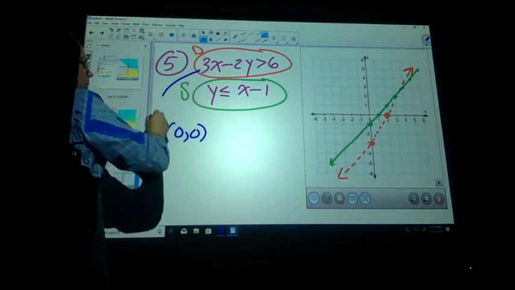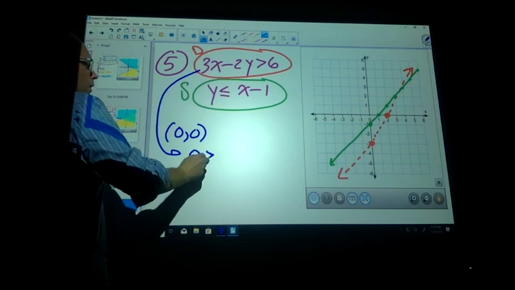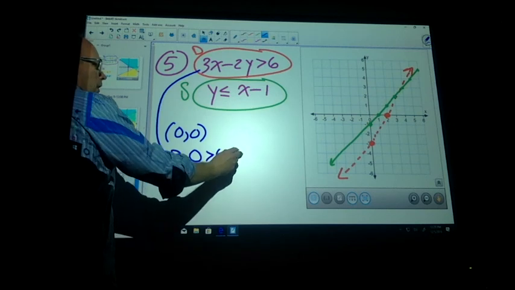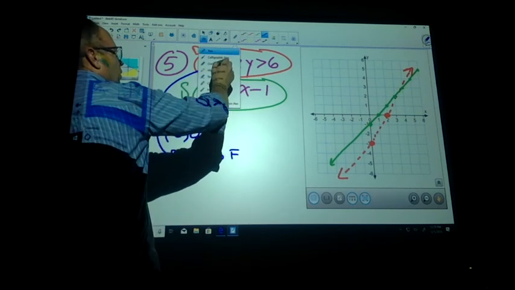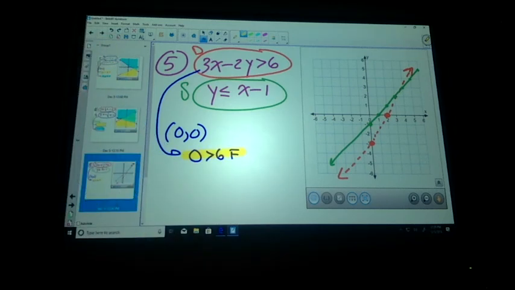So I'm going to take 0, 0 and plug it in here. So I get 3 times 0 minus 2 times 0, that's 0. Is 0 greater than 6? That's false, right? Talk to me about where I would shade in reference to the red line.